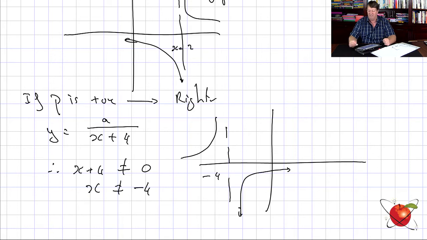If a was less than 0. Okay. Can you see the logic? All I did is I remembered back to fractions and I said, what can x not be? So I did a little equation to find out where my vertical asymptote was going to be, and it's that. So if x is negative, it moves it that way.